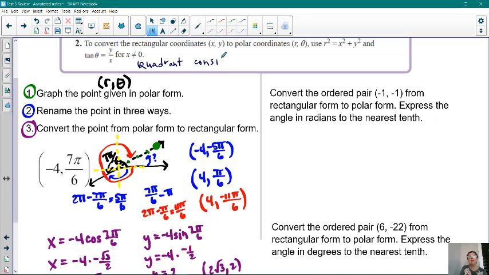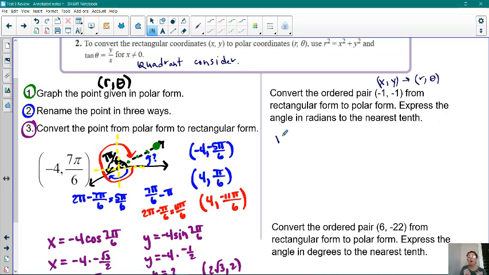So we have the ordered pair (-1, -1), and we want to take that from rectangular form to polar form. Well, this is x, y, and we want to turn this into r and theta.